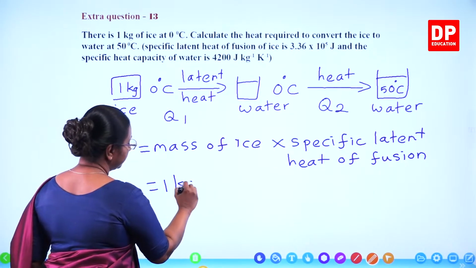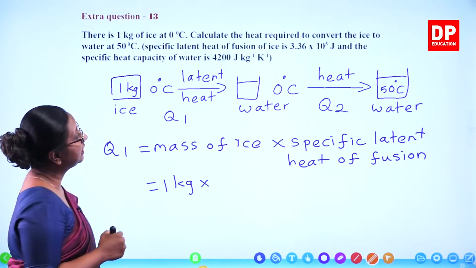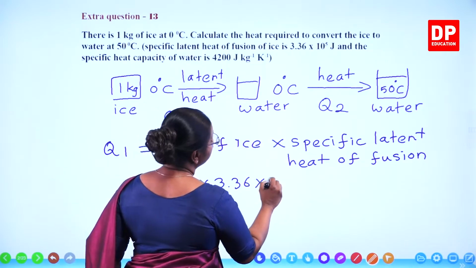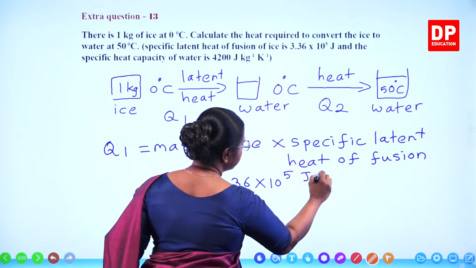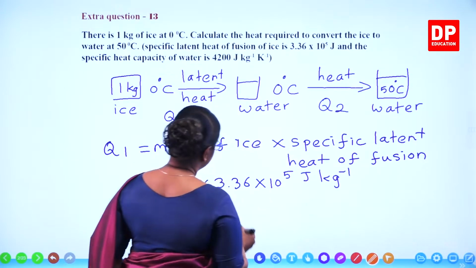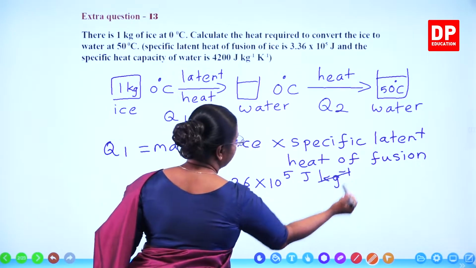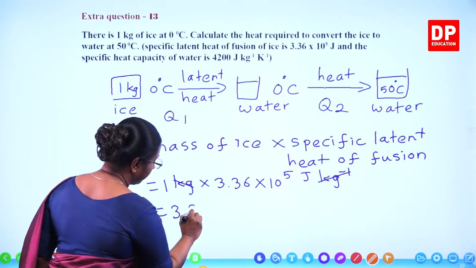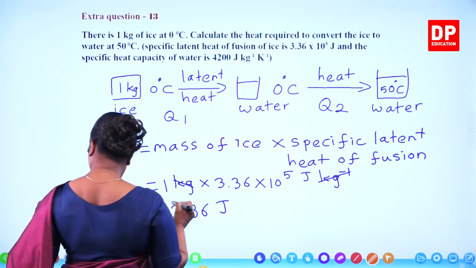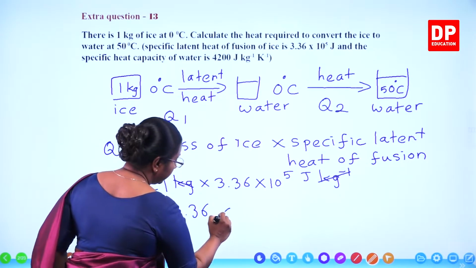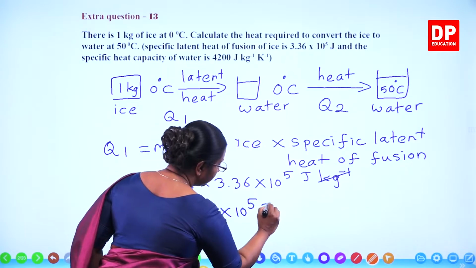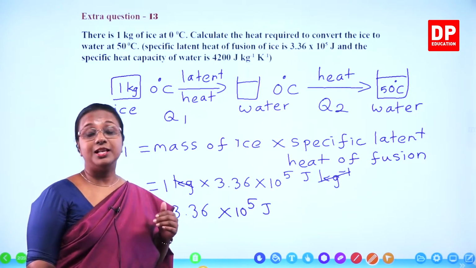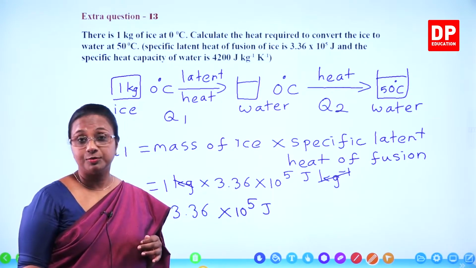It is 1 kilogram and the specific latent heat of fusion 3.36 into 10 to the power of 5 joules. It would be per kilogram. So, there kilogram and kilogram minus 1 will get cancelled off. So, you will get the amount of heat as 3.36 into 10 to the power of 5 joules. That is the amount of heat needed to melt 1 kilogram ice to 1 kilogram of water.